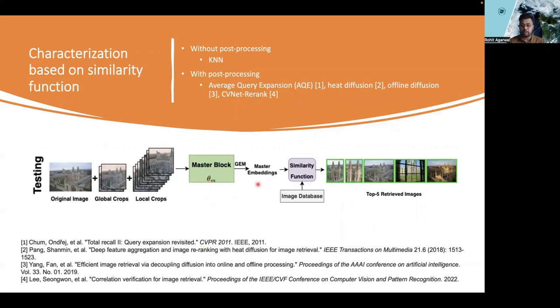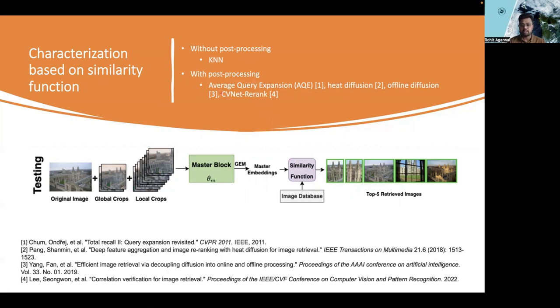The master embeddings are compared with the embeddings of the images in the database using a similarity function, and the relevant images are retrieved. Based on this similarity function, we can categorize the image retrieval models as without post-processing and with post-processing techniques.